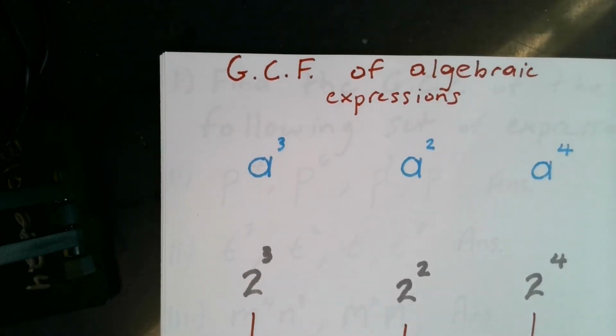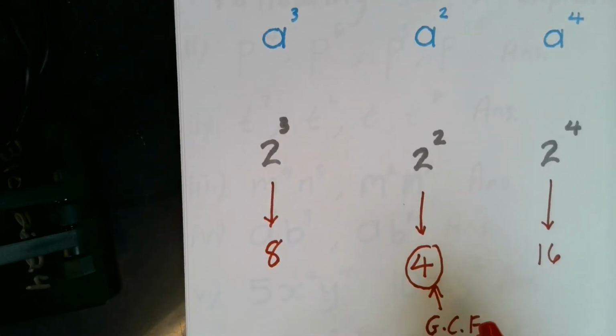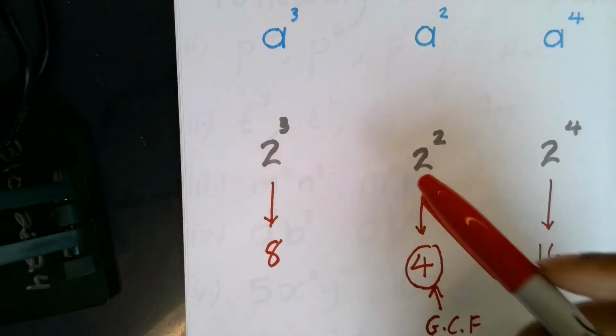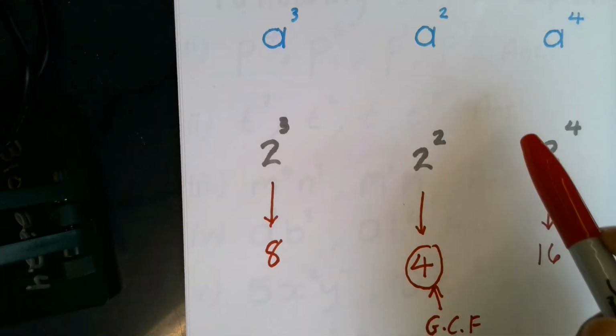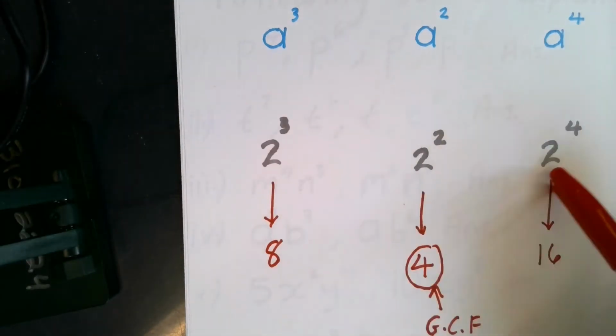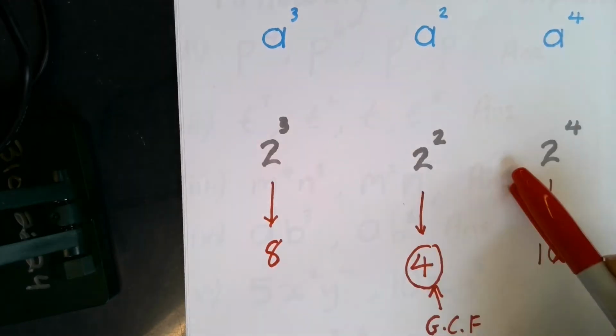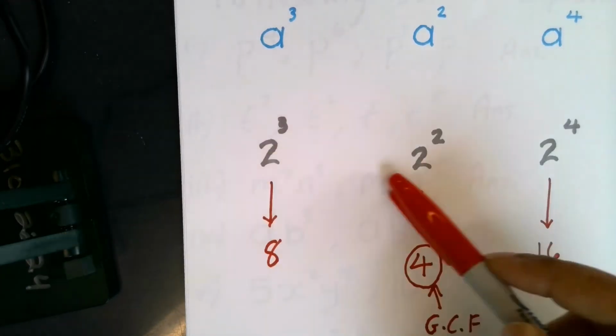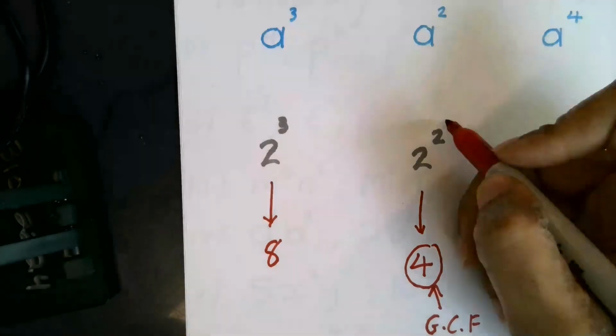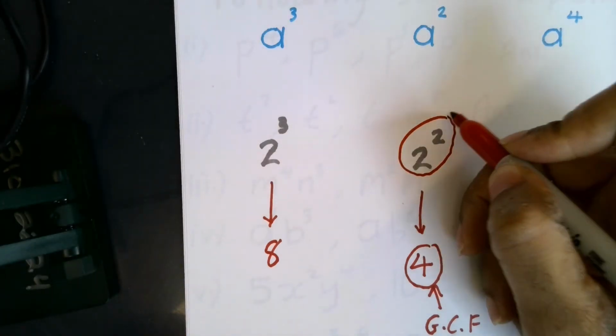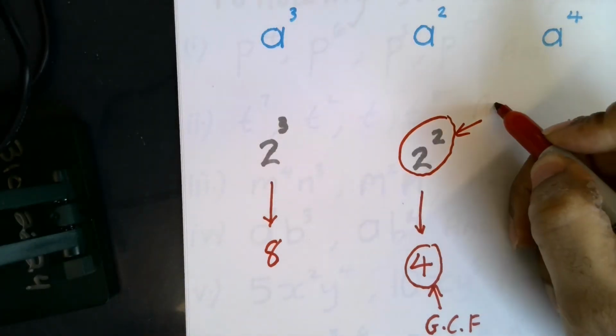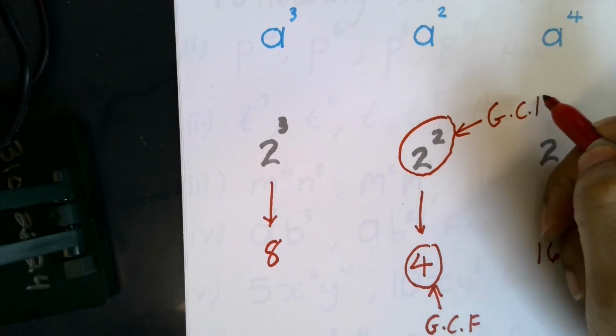Now, if 4 is coming from 2 squared, it is clear that the greatest common factor of these 3 expressions right here is this one. All right.